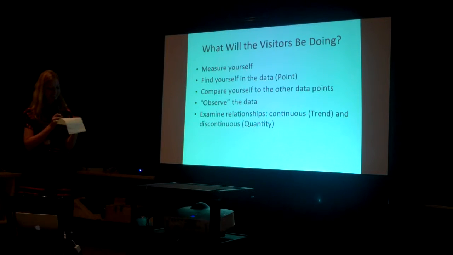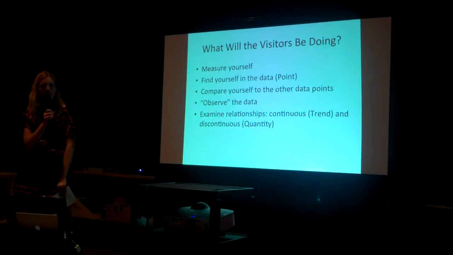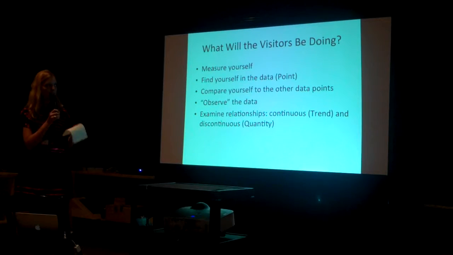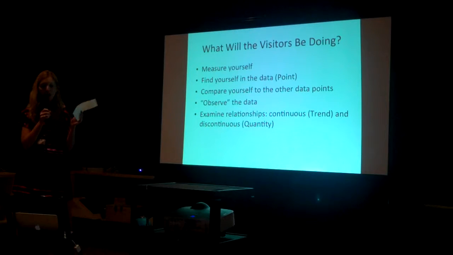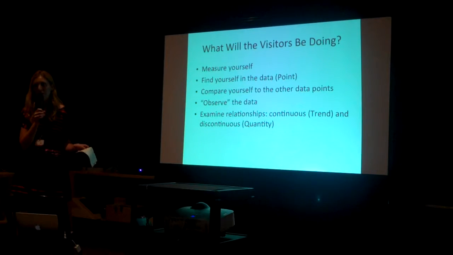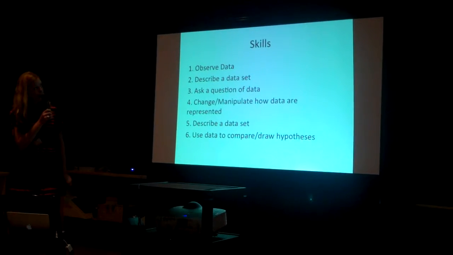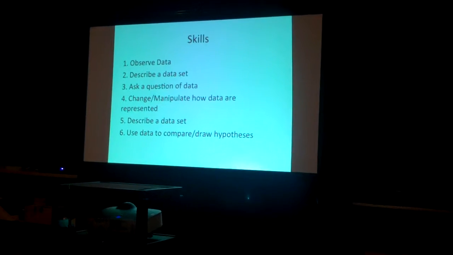So then, starting on day two, we kind of took a step back, rather than going more specifically into the point, trend, and quantity. And we decided we really needed to establish our message so that we could all be thinking along the same lines for what we needed. So to get to that message, we first listed the skills that visitors would acquire.